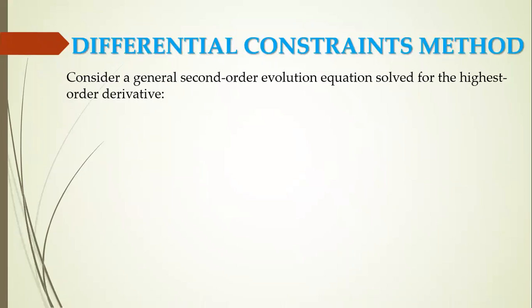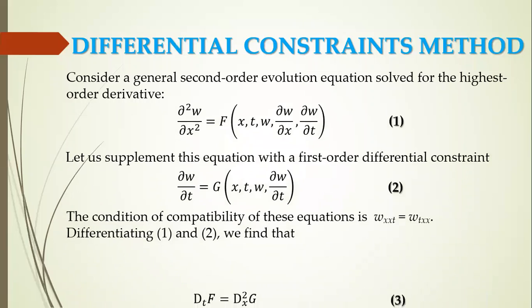Differential constraints method. Consider a general second-order evolution equation solved for the highest order derivative: d²w/dx² = f(x, t, w, dw/dx, dw/dt).